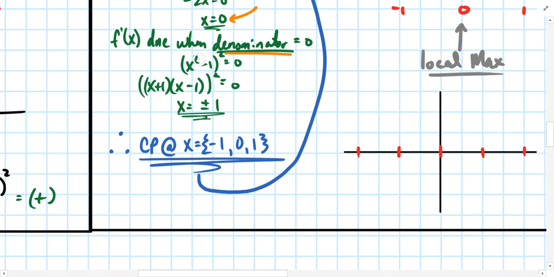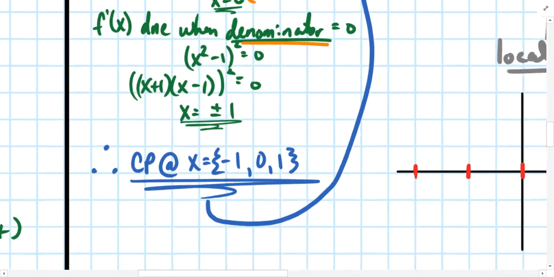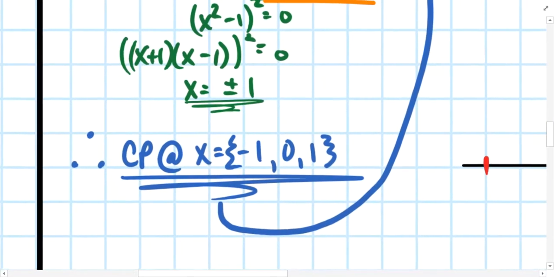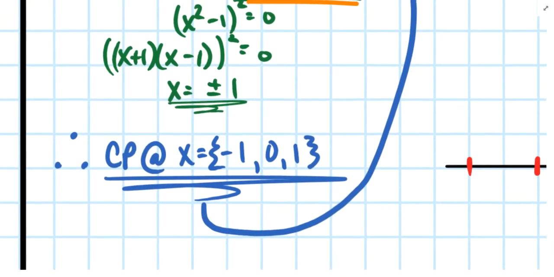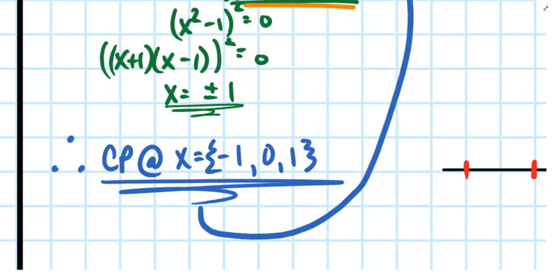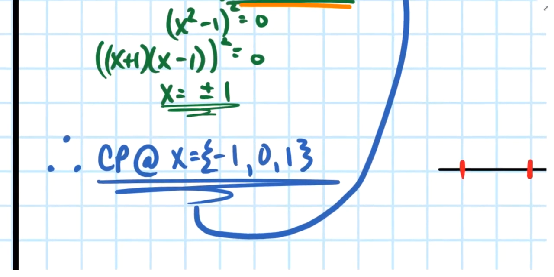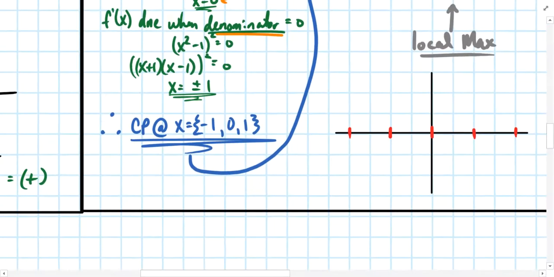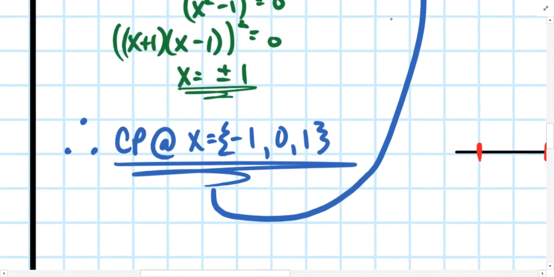So what I elected to do was I factored the interior of this grouping symbol and got x plus 1 times x minus 1. And I recognized, well, the square on the outside just simply means that this pair of factors will be counted twice. We essentially have a multiplicity at both of those positions. So instead of 4 zeros, we find that there are only 2 zeros.